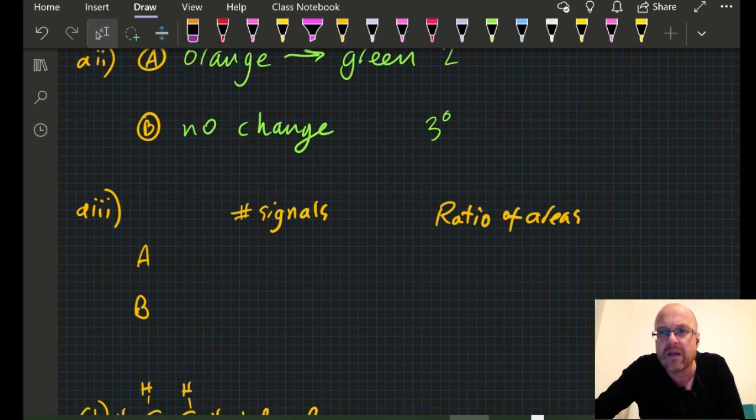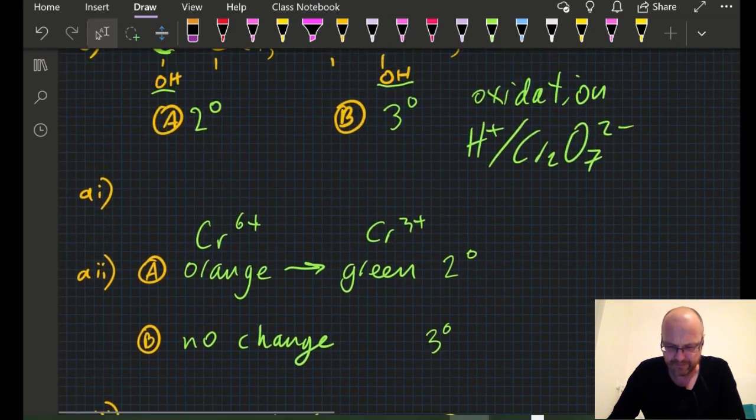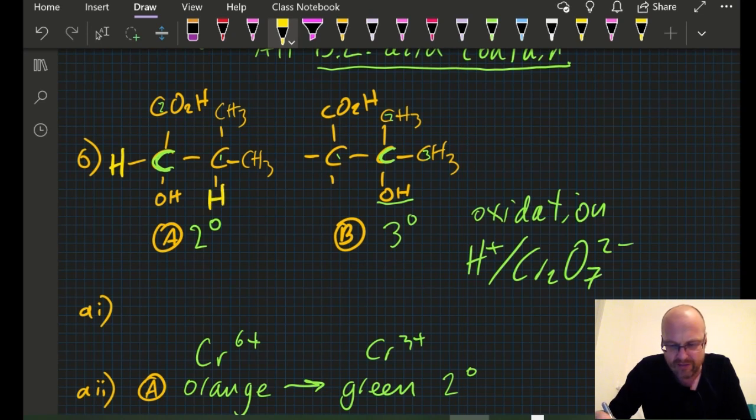6AIII, H1NMR. Okay, that's some busy compounds we're looking at there. H1NMR looks at the hydrogen environments and the ratio of the hydrogens in those environments. So let's count them up. These are the same, so that's a peak of area 6.